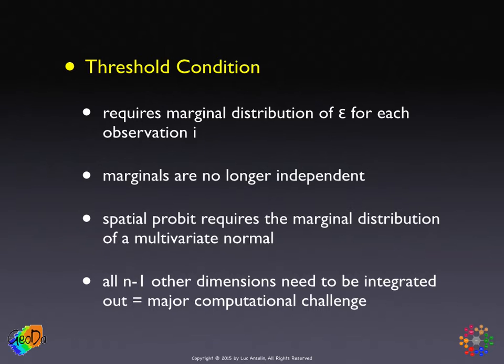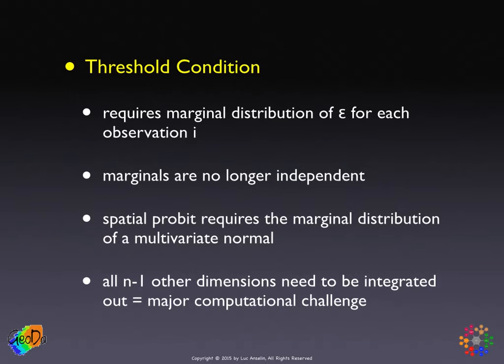So the distribution can be written as an n-dimensional multiple integral, and to pull out one of these for the marginal distribution, we have to integrate out the n-1 remaining ones, which is a major computational challenge.